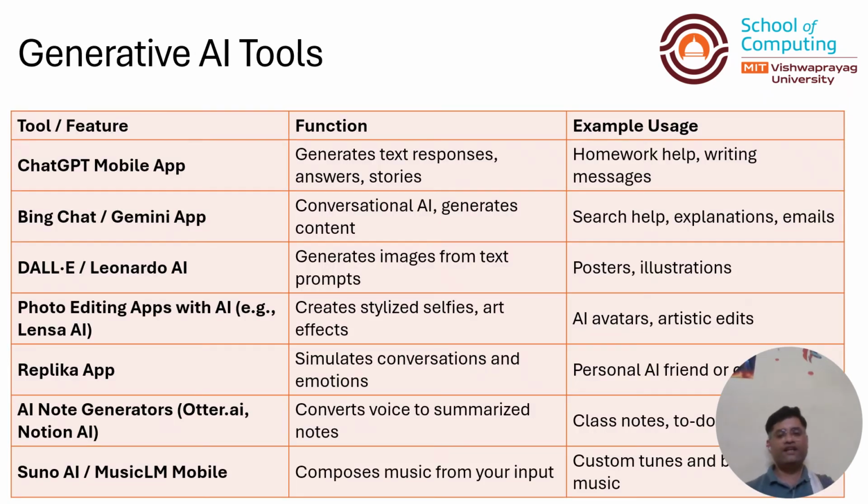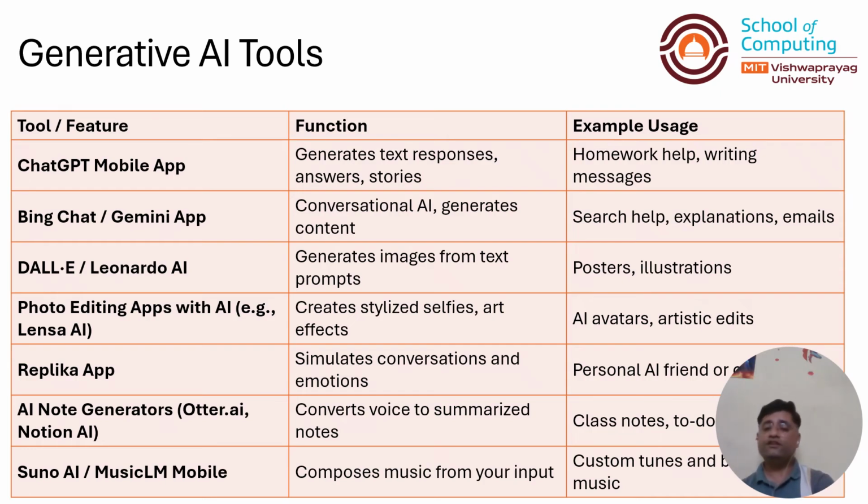Whereas in generative AI, ChatGPT, it helps to generate new text or images based upon your prompt. Bing or Gemini, again it is the same as ChatGPT. Photo editing app. They will help you to edit the photo and generate new content. AI note generator.